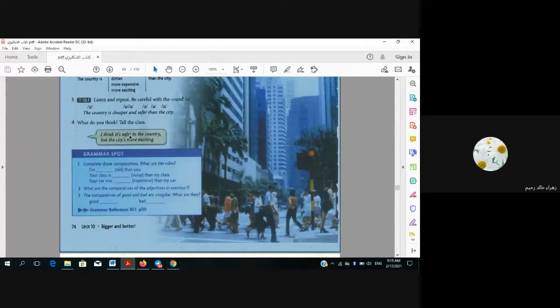I think it's safer in the country, but the city is more exciting. Here we have the comparative adjectives.